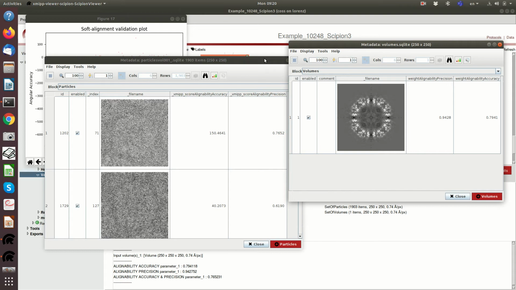If those two angles are close to each other, you are more sure about the angular assignment, and if they are not close to each other, then you are uncertain about that angular assignment. And then we encode this as a number between 0 and 1, ideally.